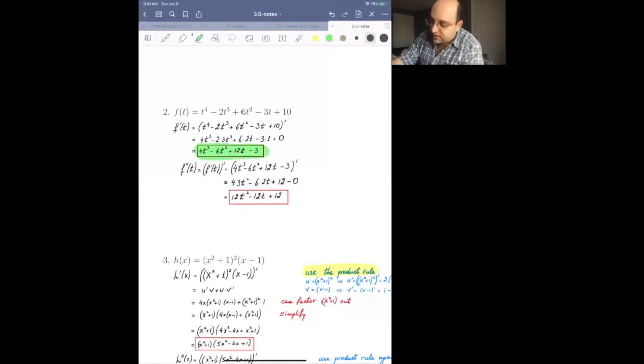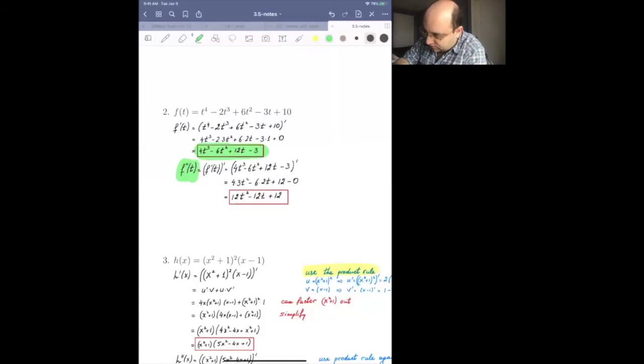So next we want to find the derivative of the first derivative. So that's the second derivative. We want to find this. So that's going to be the derivative of this green expression from above. To do that, it's just a polynomial. So then we have 4 times t to the power 3.